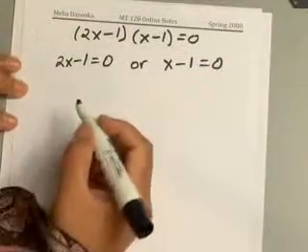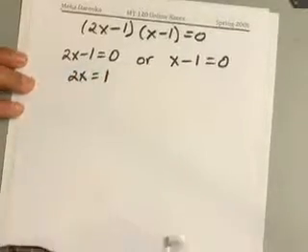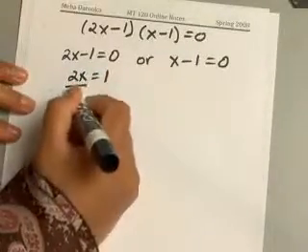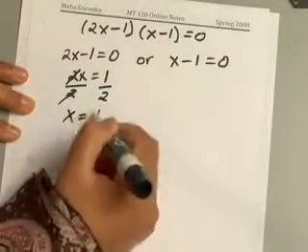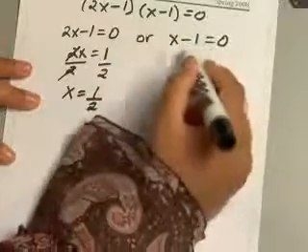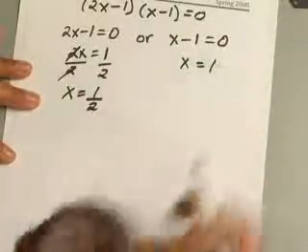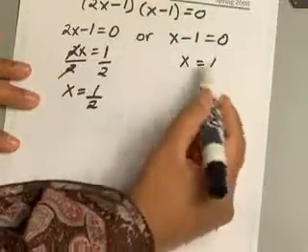That should give you, start by taking the 1 over to the other side. Then we divide both sides by 2, so we can get x by itself. And you end up with x equals 1/2. On the other side, you take the 1 over to the other side and you end up with x equals 1.